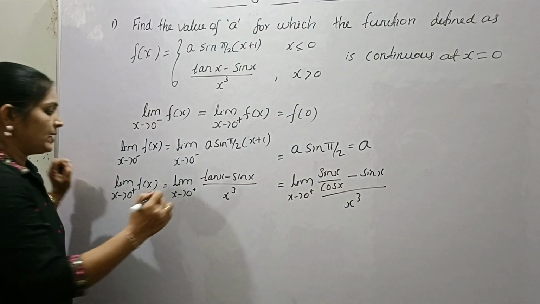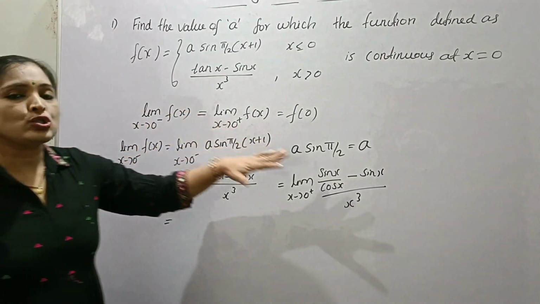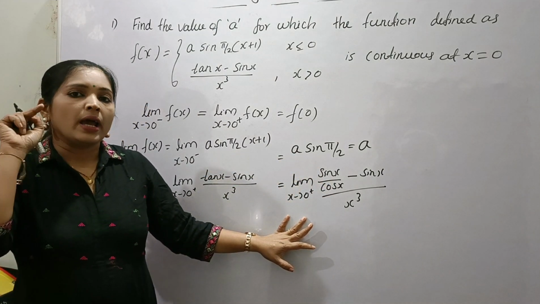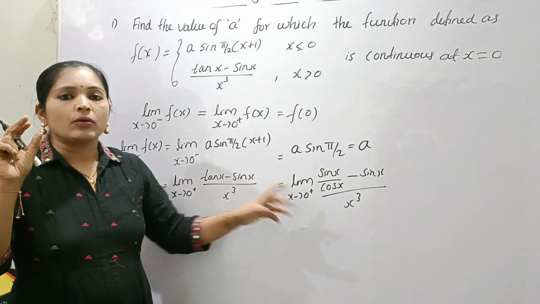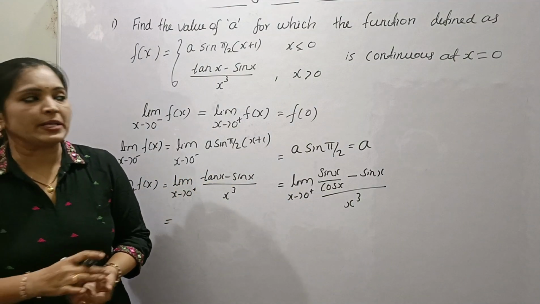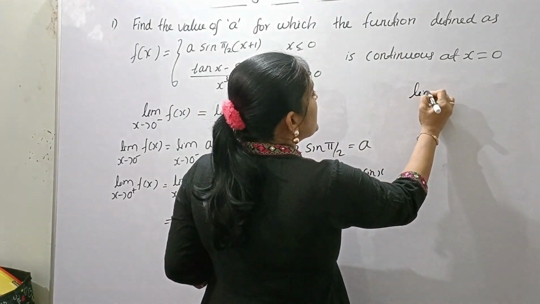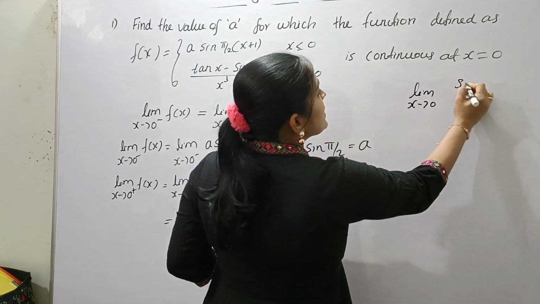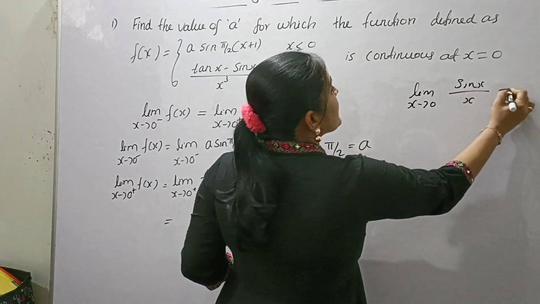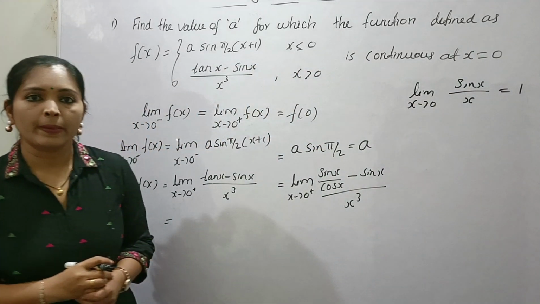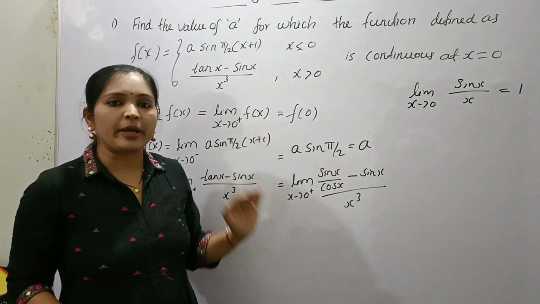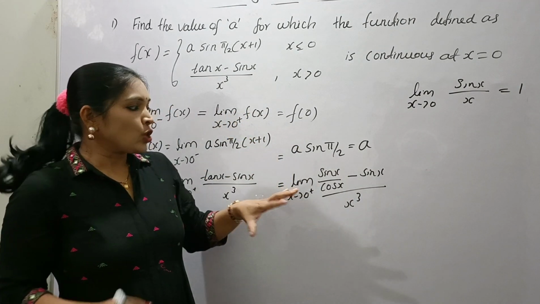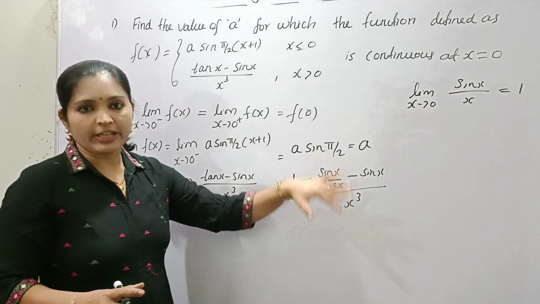When you are solving this problem, you should keep in mind the standard limit: we know that limit x tends to 0, sin x divided by x is equal to 1. So according to that we will simplify this one.